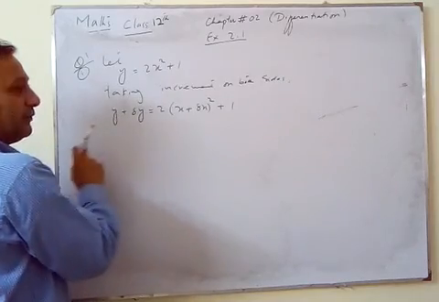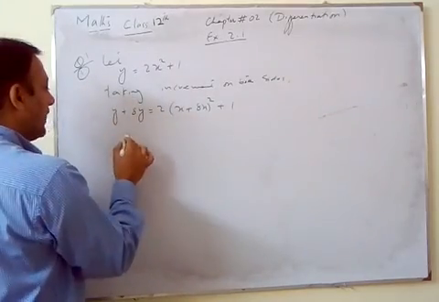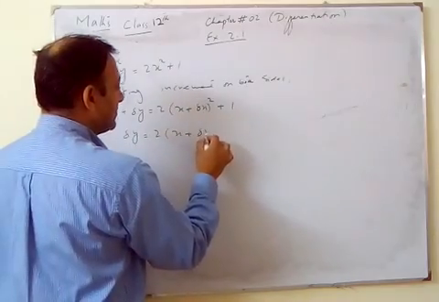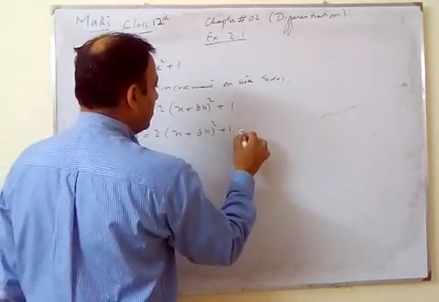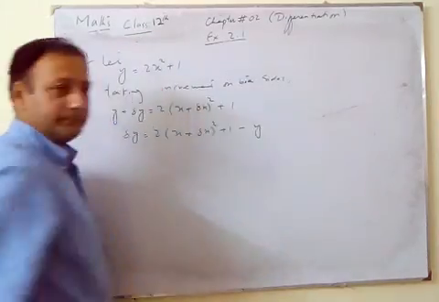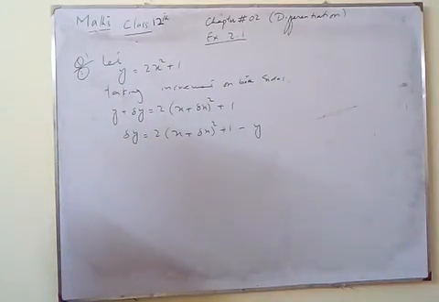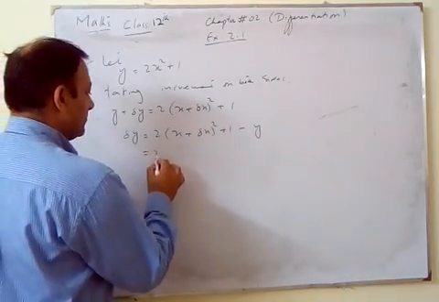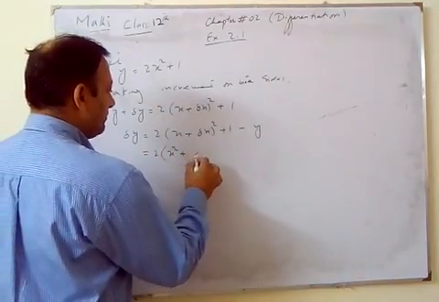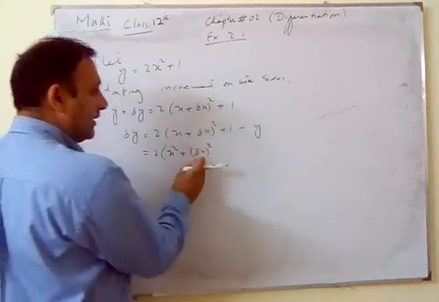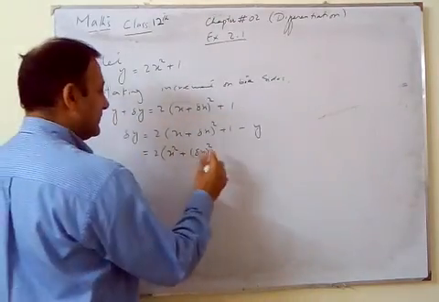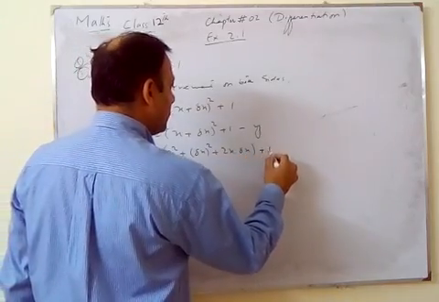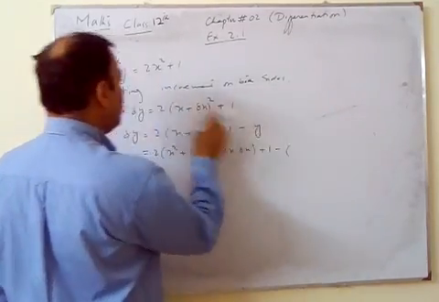Now take this value y from left to right: delta y equals 2 into x plus delta x whole square plus 1 minus y. This is the second step. Open this one: x square plus delta x whole square, always try to write like this, plus 2x into delta x, plus 1 minus y.